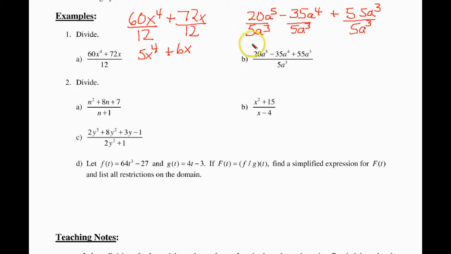So 5 will go into 20 4 times. The 3 comes up, you subtract it from 5, you get a to the second. Now we have to respect our sign. This will be a negative. 5 goes into 35 7 times. A to the third from a to the fourth, you get a 1 that we don't write. And 5 goes into 55 11 times, and these just cancel out. And there's your answer.